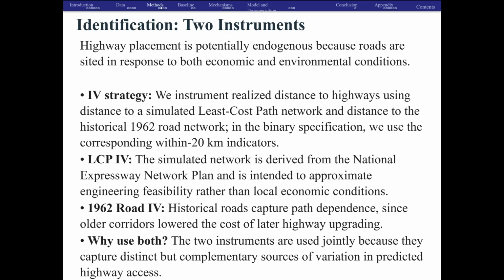For the nation, they also have this potential highway network. We measure our plot's distance to the nearest highway in that map instead of the real map. The second IV is a 1962 road map, which is basically our historical foundation for current highways. And we use both of them to instrument distance to current highways.